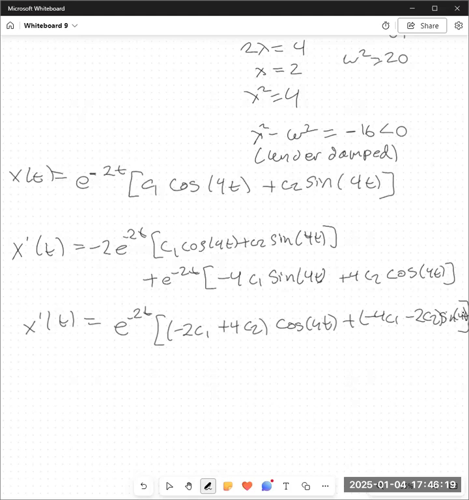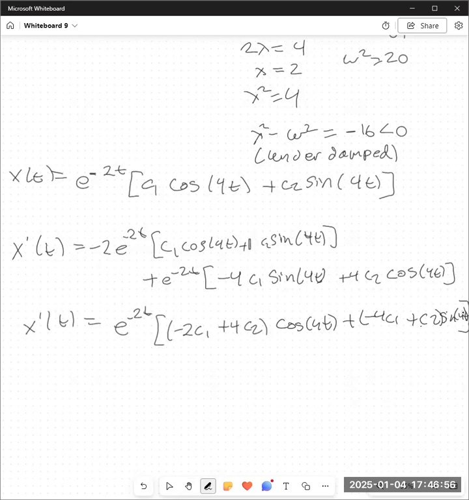Negative 2, positive 4, negative 4, and negative 2. There we go. That's where that 2 is.